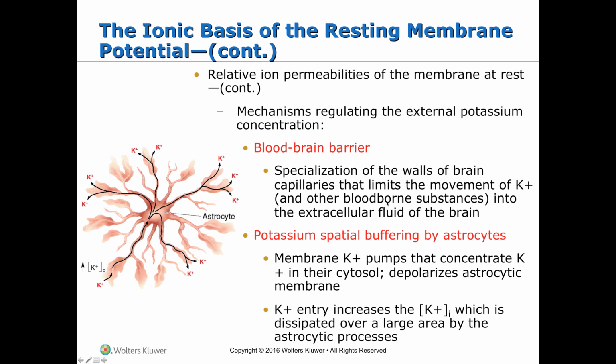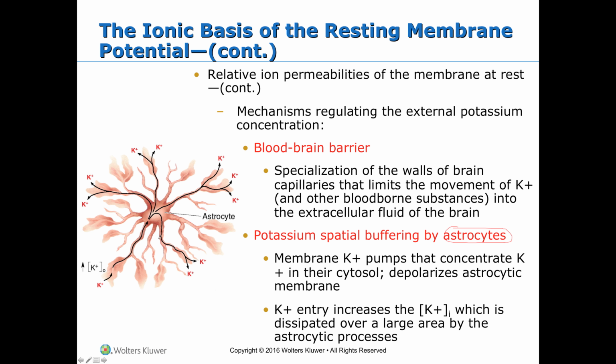And another method that we talked about in the last lecture was the potassium spatial buffering done by astrocytes, which are a type of glial cell. Now, the membrane potassium pumps that concentrate potassium in their cytosol help to depolarize the astrocytic membrane. So inside the astrocyte, there are membrane potassium pumps that will bring that potassium into the astrocyte's cytosol.